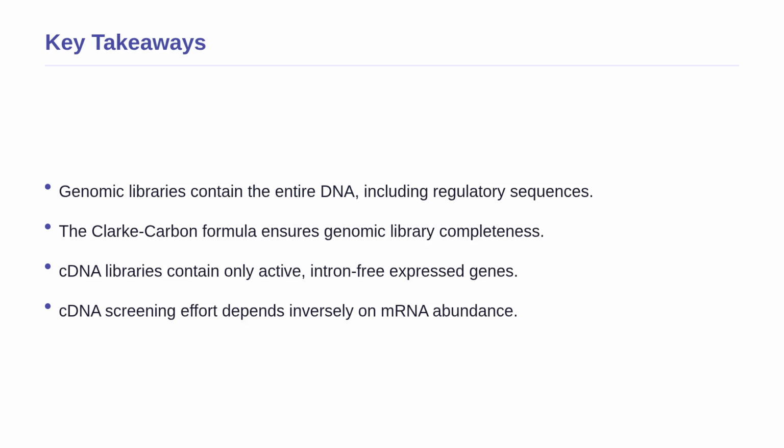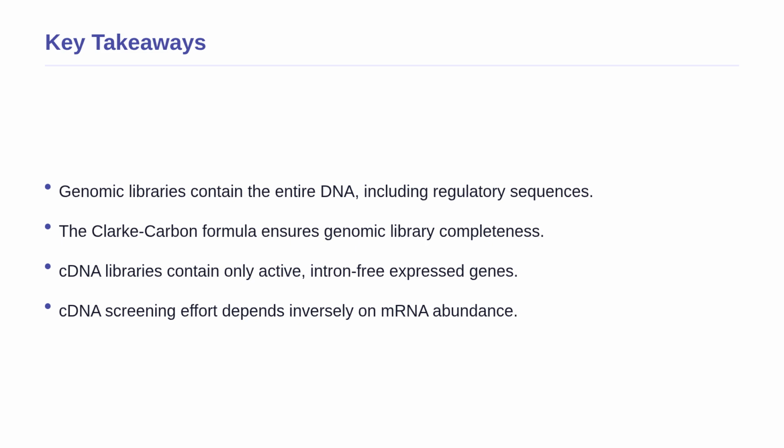We have covered a tremendous amount of ground today. Let us review the most important ideas. First, remember that genomic libraries act as the ultimate, unfiltered archive, containing every single piece of DNA, which is essential for studying regulatory switches. Second, we use the Clark-Carbon formula to mathematically guarantee that our genomic library is large enough to be useful.